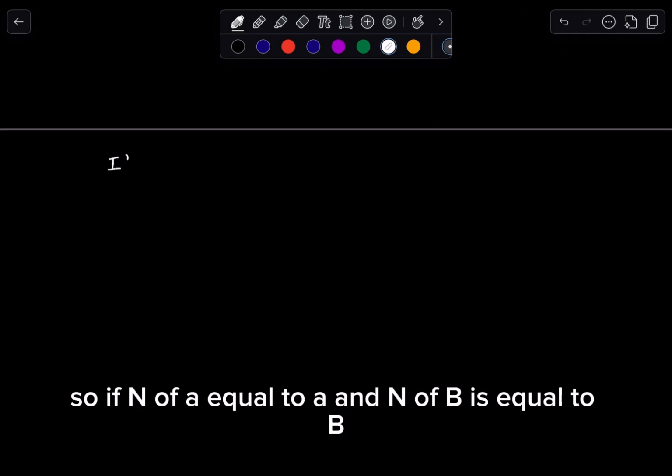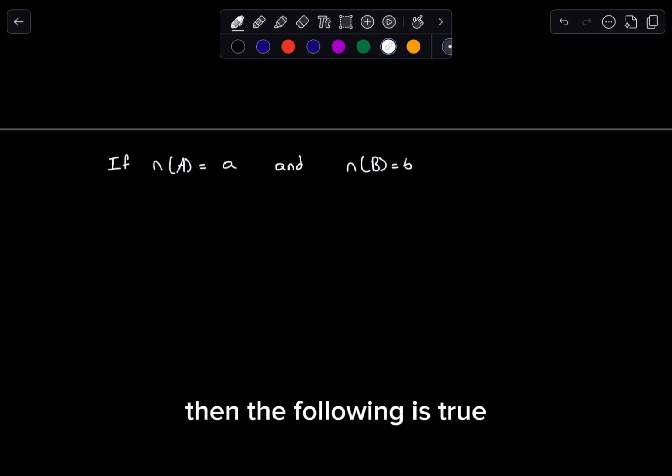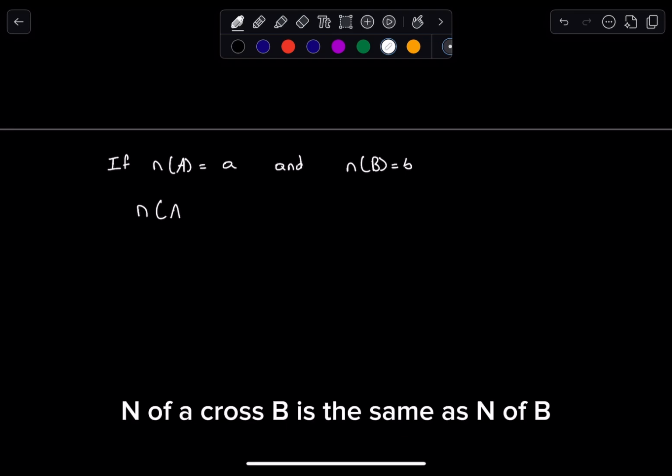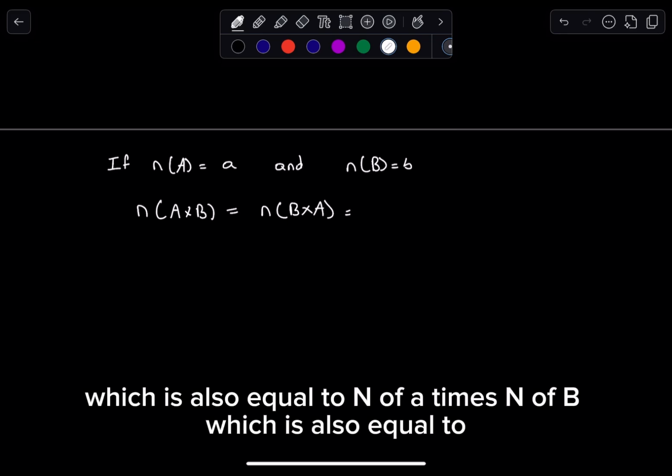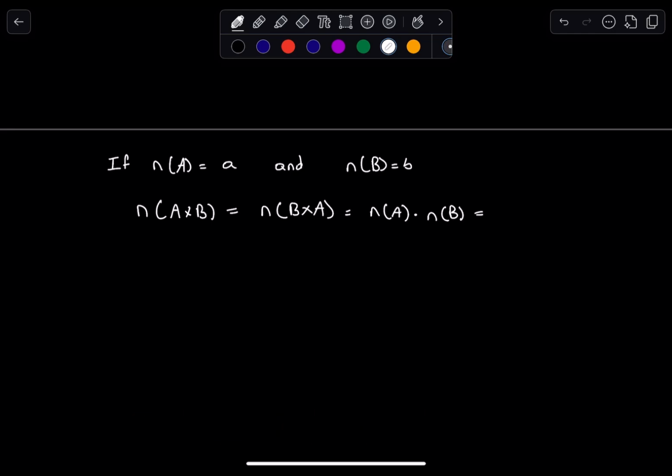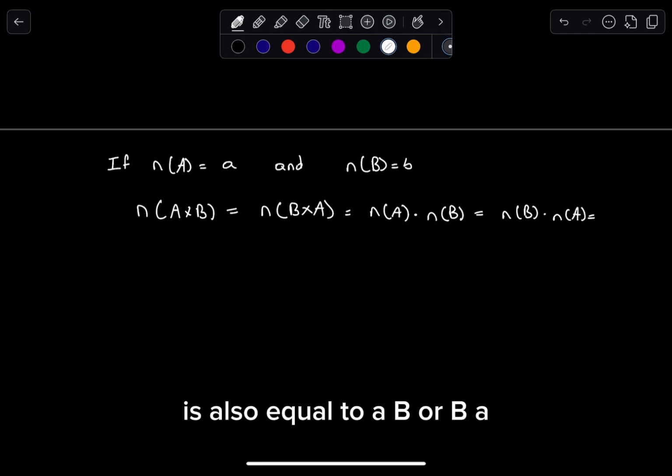If n(A) is equal to a and n(B) is equal to b, then n(A cross B) is the same as n(B cross A), which is also equal to n(A) times n(B), which is also equal to n(B) times n(A), which is also equal to ab or ba.